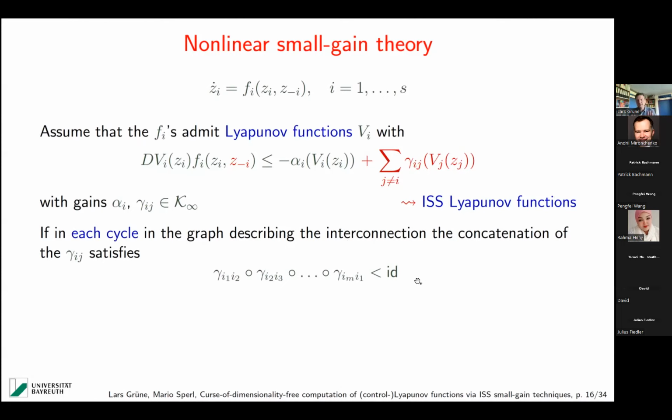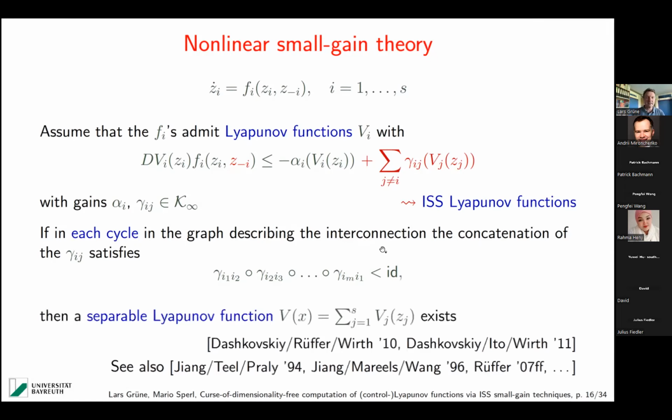Again, you need to be a bit more careful at some points, but essentially it means that the concatenation of the gammas along a cycle is all in all less than the identity, which means that not all of them need to be small, but some should be small. And if some are large, then the others need to be even smaller to satisfy this condition. But it's a trade-off, right? Some can be large, some can be small. Overall, they should satisfy that.